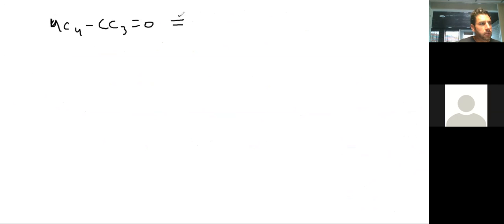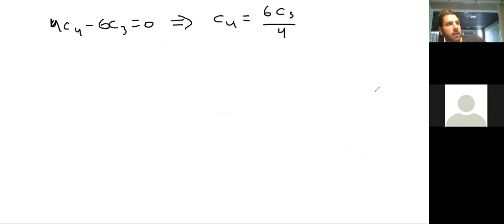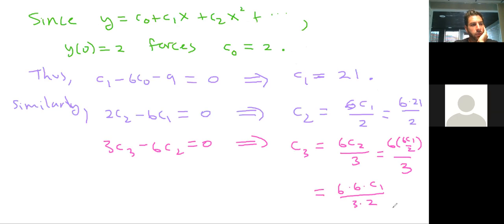So that tells us that C sub 4 has to be 6 C sub 3 over 4, if we do the algebra. Now, what is C sub 3? C sub 3, if we plug it in from the previous page, is 6 squared C sub 1.